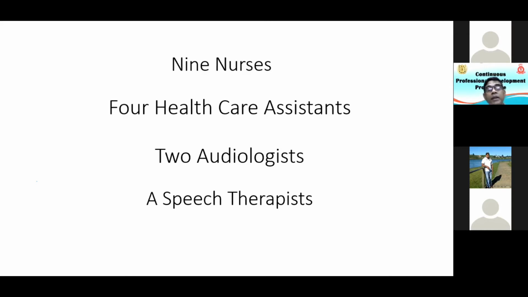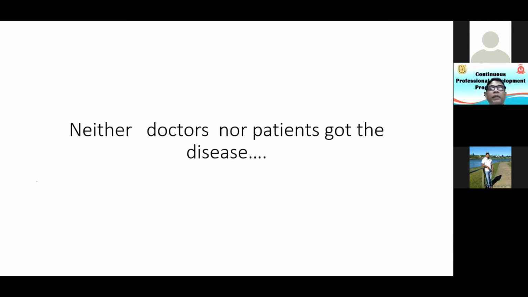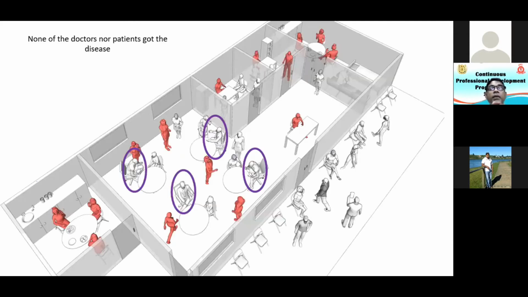Altogether, 17 healthcare workers were infected with COVID-19 during that 2 day period. But the cardinal feature of this outbreak is that no doctors or patients got the disease. Here you can see the doctors seeing patients. The nurses and healthcare assistants were roaming around the theater, potentially spreading the viruses all over. But none of the doctors or the patients got the disease.